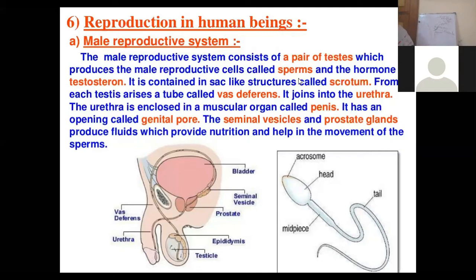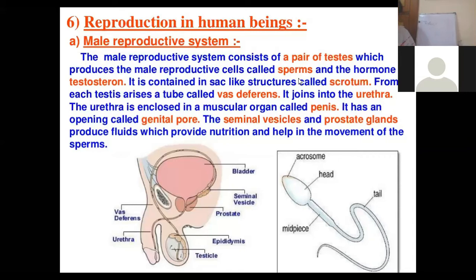First of all, I will discuss the reproductive organ which is known as testis or testicle. Now, what is the function of the testis?